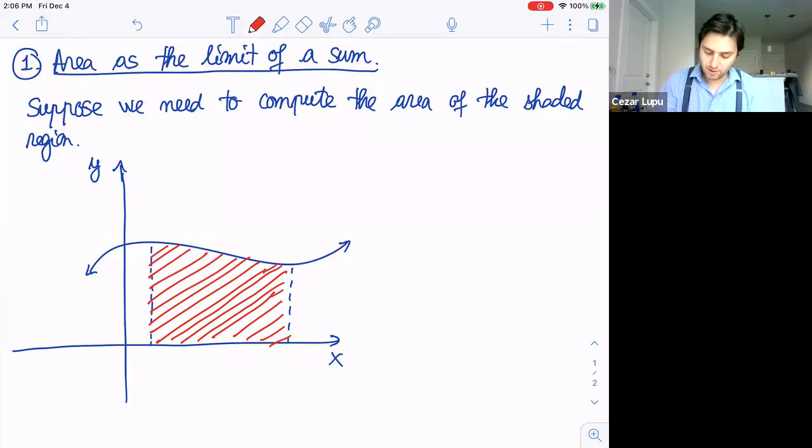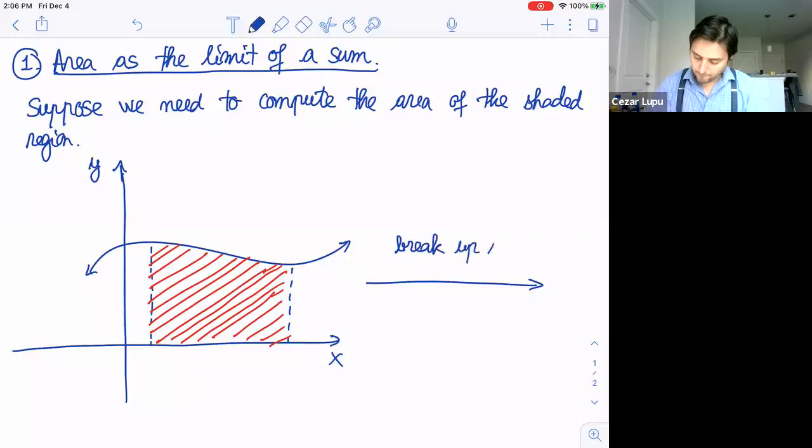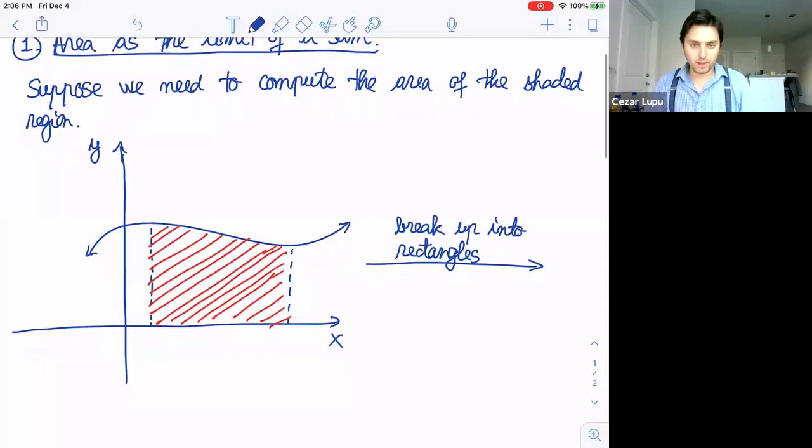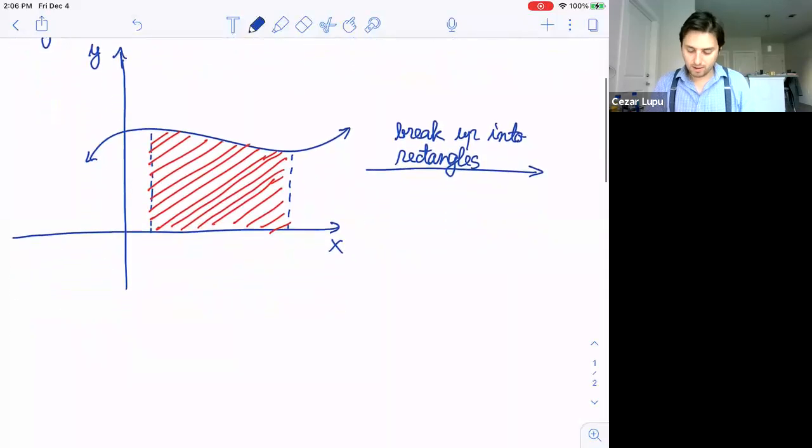So the procedure is the following. We're going to break up into rectangles, and the picture would look like this. Keep this in mind. Now I'm going to draw another one.